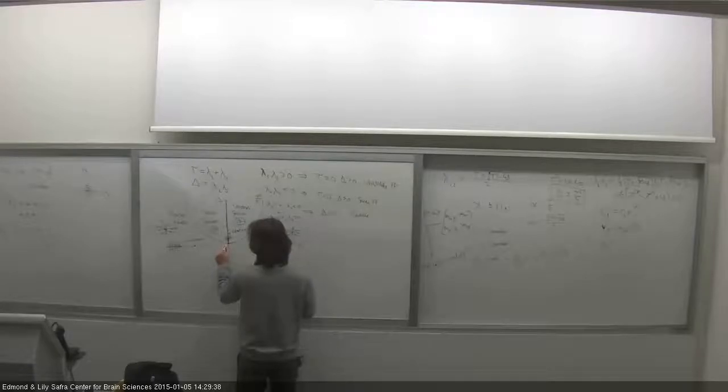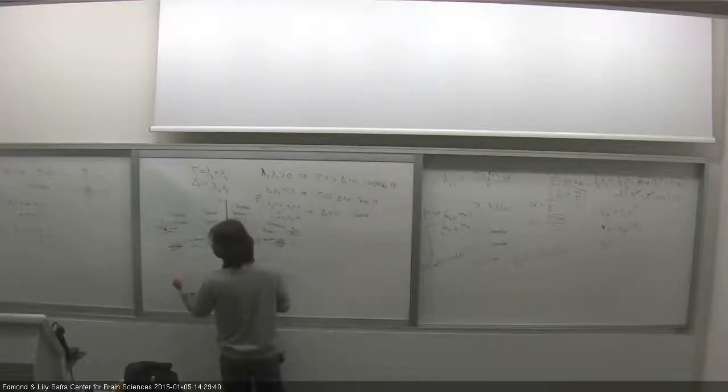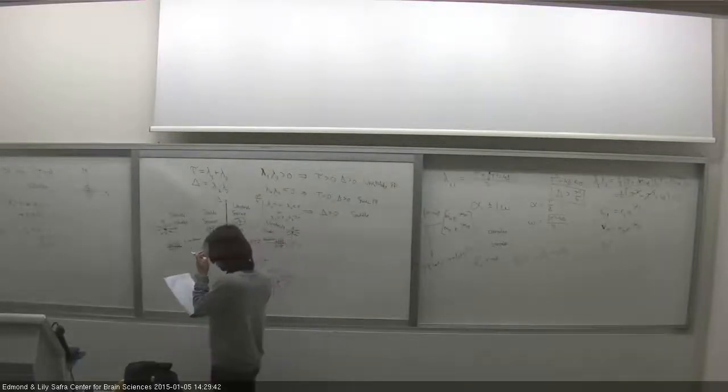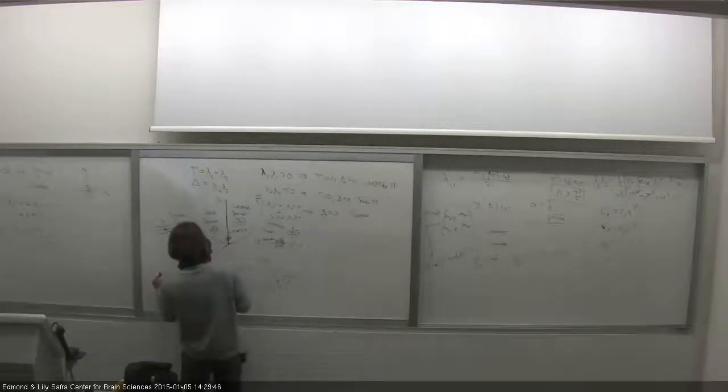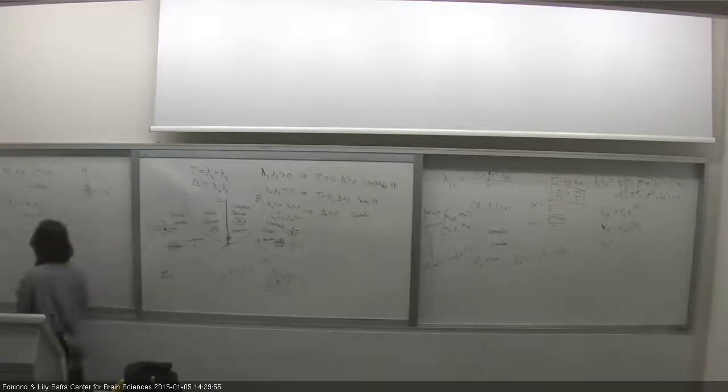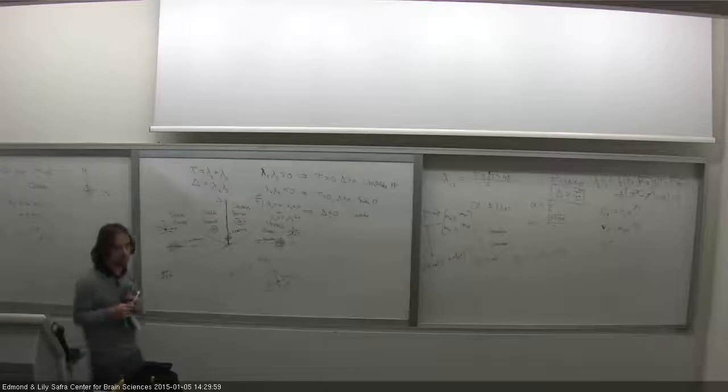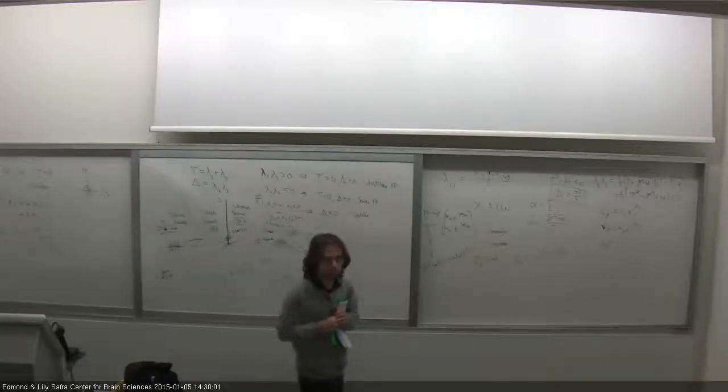This is a special case where we have a whole plane of fixed points. But it's a trivial case. So no growth, no decay on any direction. If you land on the phase plane, you just stay where you are.